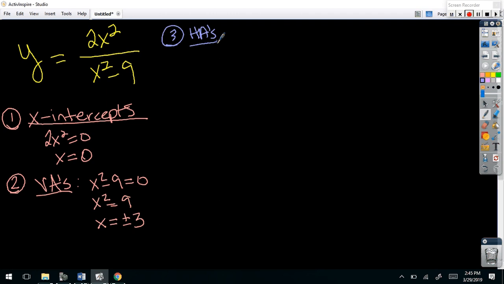So they're equal, which means I'm in scenario B, which means that the horizontal asymptote is the ratio of the coefficients, like we did yesterday. 2 divided by 1 is 2. When these are equal, you just take these two numbers and divide them.